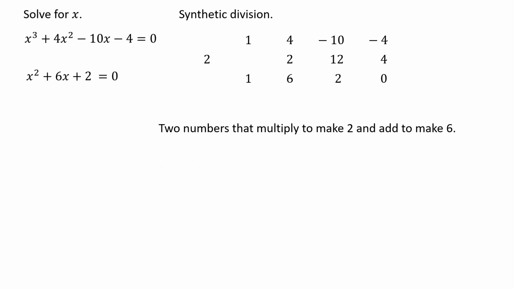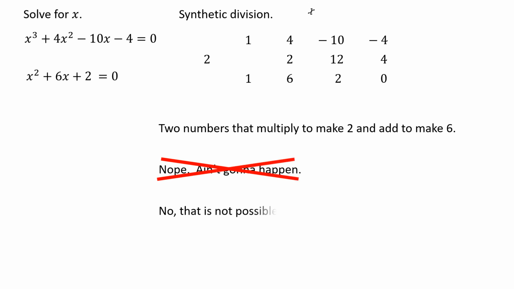This is not going to happen, right? This is impossible. All I can think of for 2 is 1 times 2, and 1 plus 2 is not going to add up to 6. So what on earth can I do? Yes, the quadratic formula. All right, that's going to be my ticket out of here.